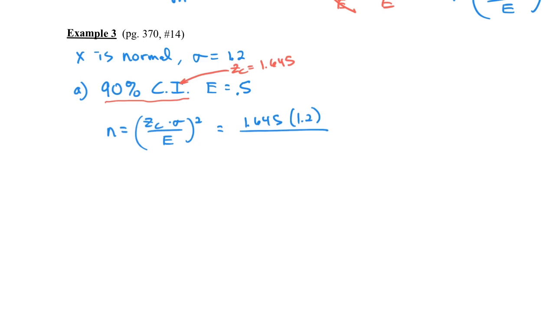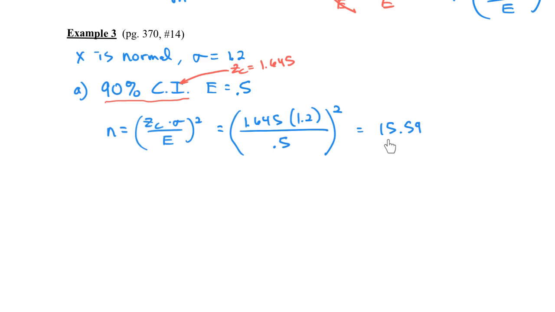And the maximum margin of error, E, they said in this case is going to be 0.5. Then we have to square all of this. And from here, you just let the calculator do the work, and you should get right around 15.59, which means that for this level of accuracy, so this margin of error, in a 90% confidence interval, we need a sample size of 15.59.